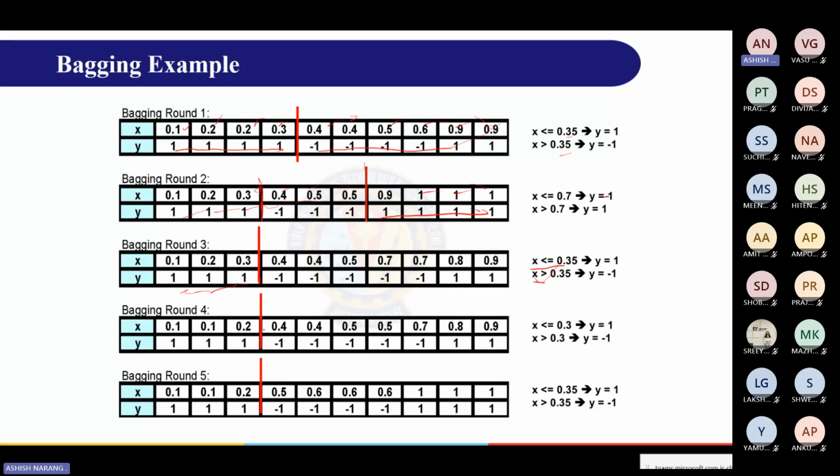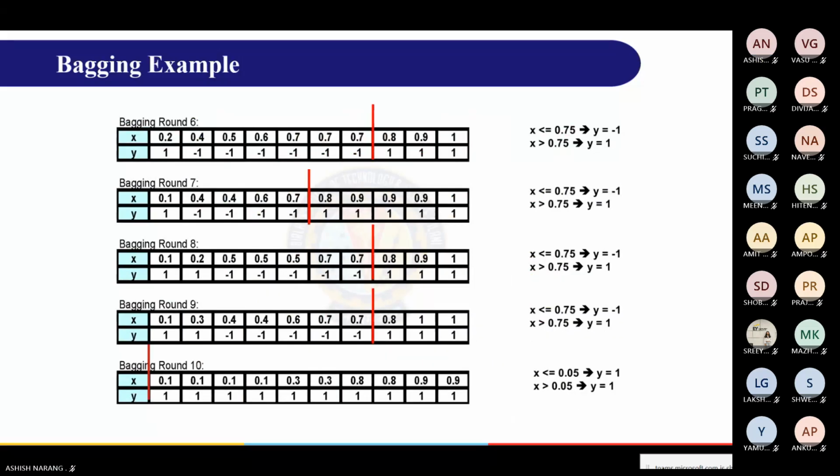Bagging round 4 is giving me this split, and bagging round 5 is giving me this split. So I am going to get different kinds of splits with respect to the different bagging rounds. 1, 2, 3, 4, 5 rounds I have taken. You look at 6, 7, 8, 9, 10. Similarly, we have taken the other rounds, randomly drawn samples.